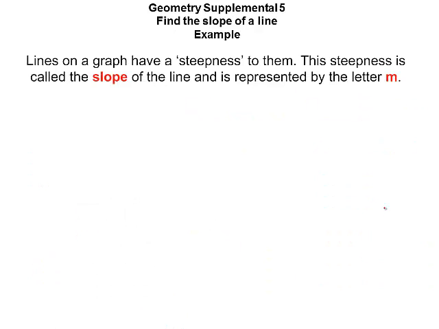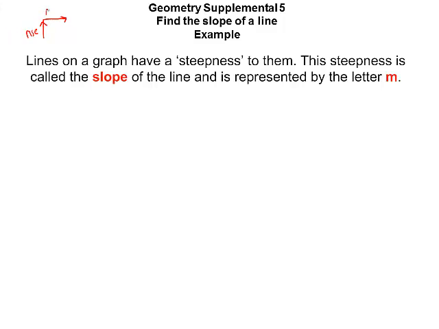Okay, slope. I know you all hate it. I'm going to try to make it less painful. Slope is just how steep is the line. So slope is literally how far up did you go versus how far over did you go.